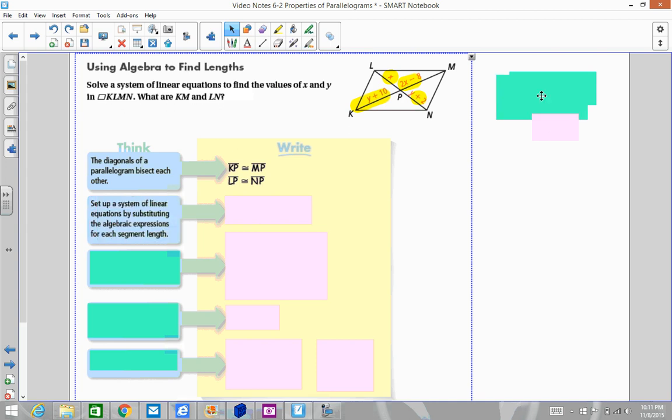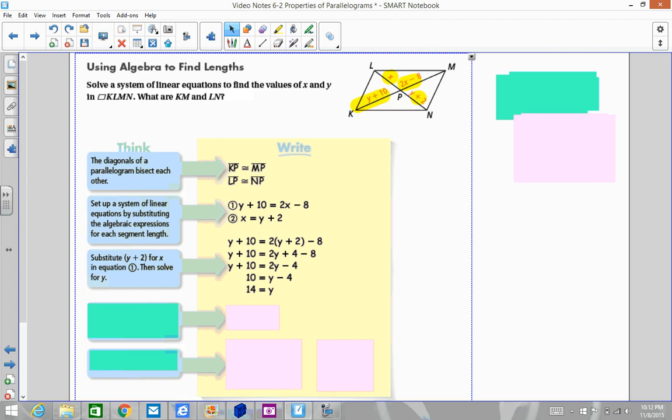So we can set up a system of equations: y plus 10 is equal to 2x minus 8, and the second equation is x is equal to y plus 2. Remember that when you solve a system of equations, you've got to get them lined up, so you've got x's and y's lined up. In this case, it might be easier to use substitution since x is equal to y plus 2. So we'll just use substitution.